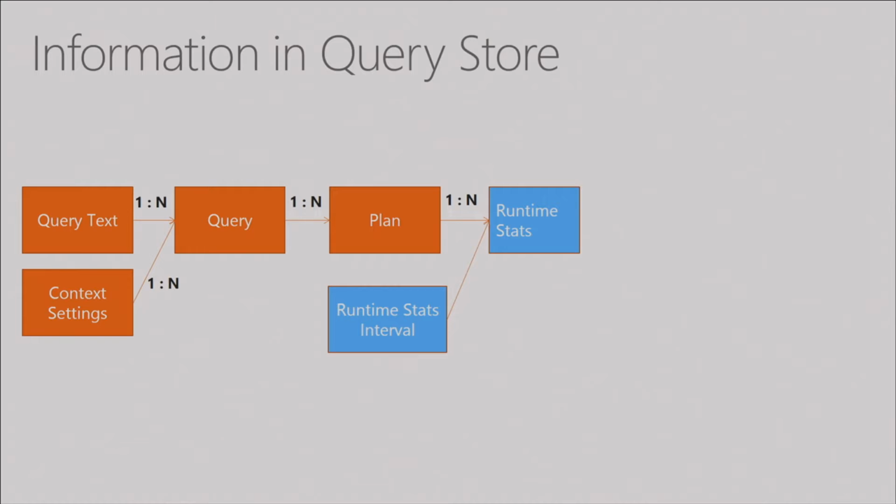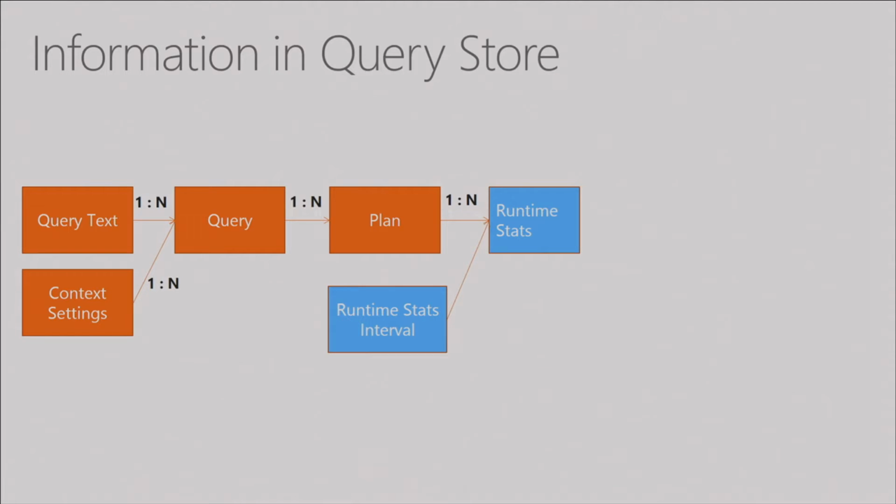Those can be set options that you set in your query, like set ANSI nulls or date format or stuff like that. When you execute the same query text with different context settings, that will be detected as a separate query. So you can analyze and tune them independently, right?